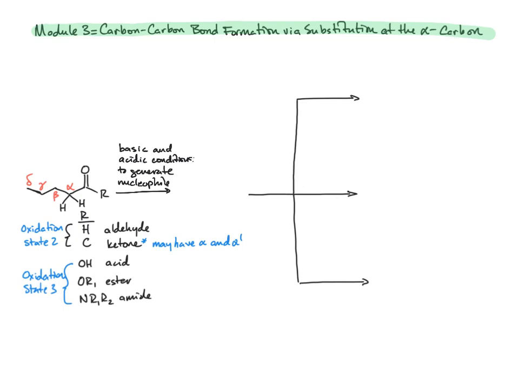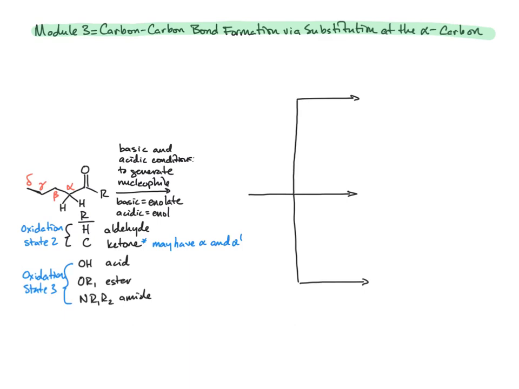For the following reactions, under basic conditions, we will generate an enolate. Under acidic conditions, we generate an enol.